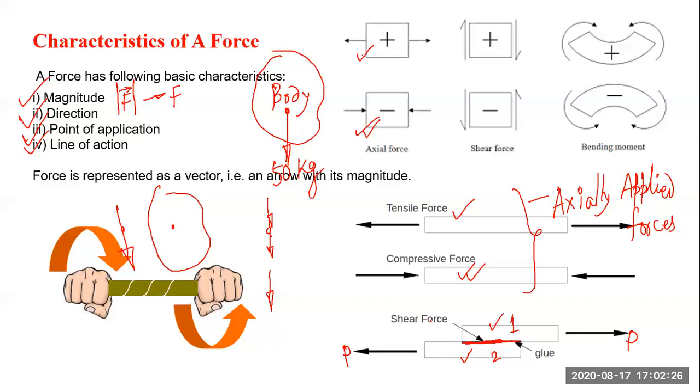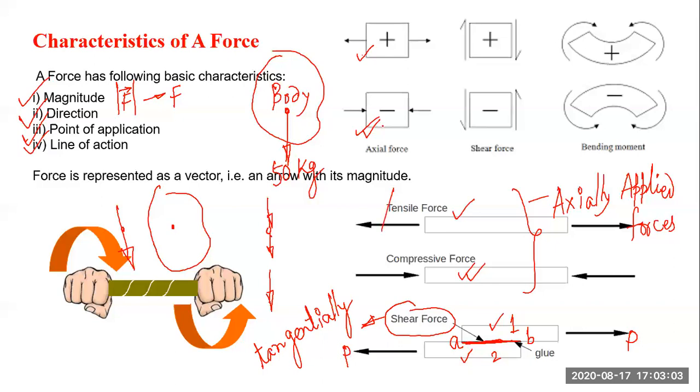So the force which is induced in this common surface AB in both 1 and 2 is known as shear force. The shear force is also called tangential force, because this force is induced tangentially. It is induced due to the application of some other forces like tensile or compressive forces.